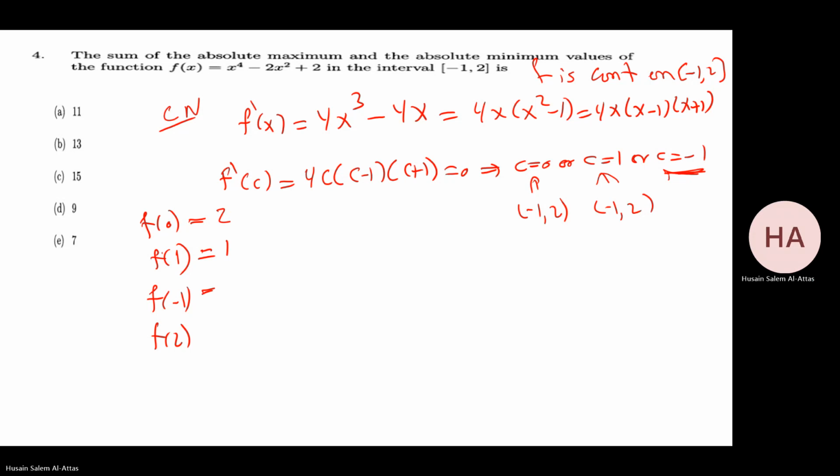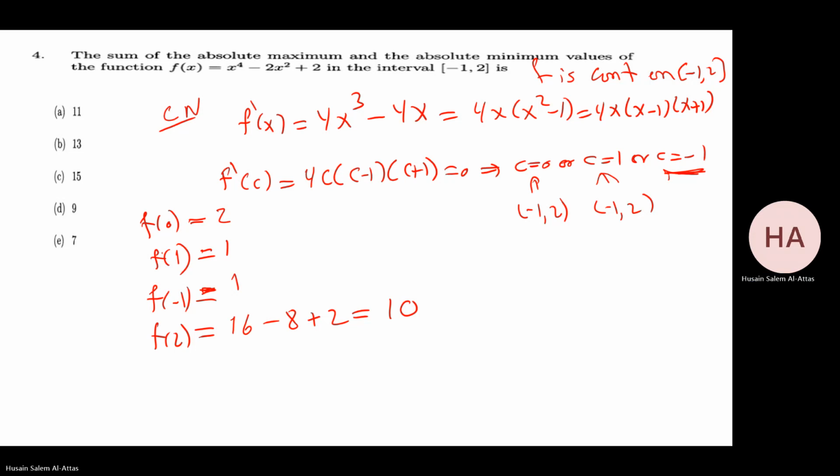F of minus 1 gives 1 minus 2 plus 2, which is 1 also. F of 2 is 2 to the power 4, 16, so 16 minus 8 plus 2, that will be 10.